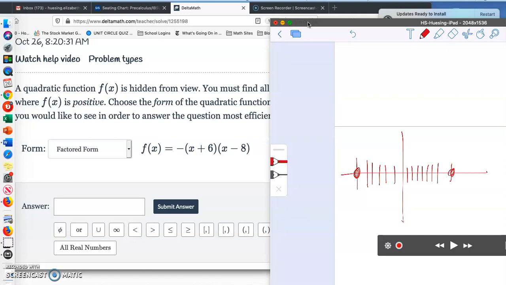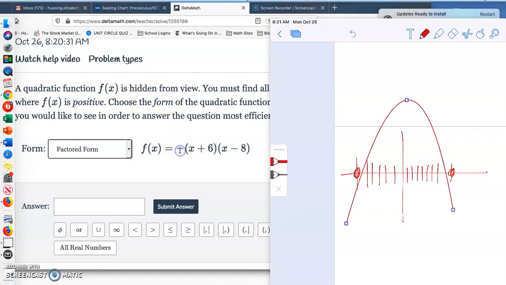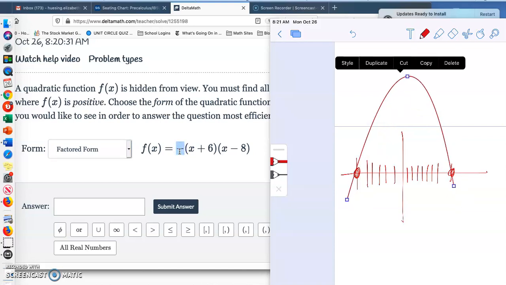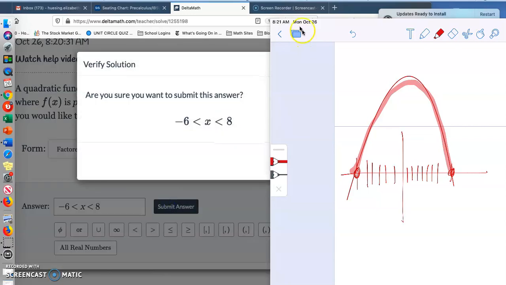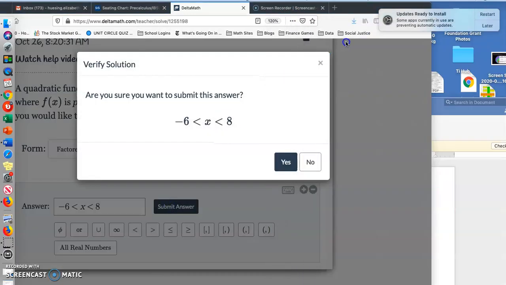Because again, it's the opposite of plus 6 and minus 8. So where is it positive? And you can see I made that parabola upside down because we know it's a negative one. So it's positive in between those values. So we can go negative 6 is less than x is less than 8. And we can submit that answer.